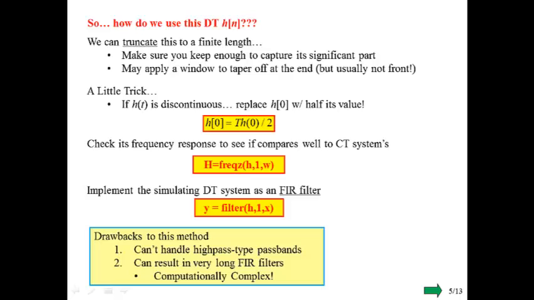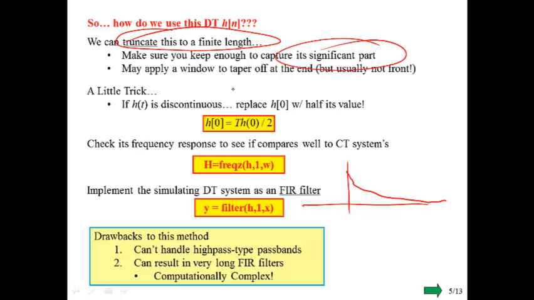Like I said, continuous time systems tend to have impulse responses that decay down, and it may decay down fairly slowly, which would mean that when we truncate, we have to keep quite a bit of it, and so that would lead to a very long H, which means a very high order FIR filter, and therefore potentially computationally complex.